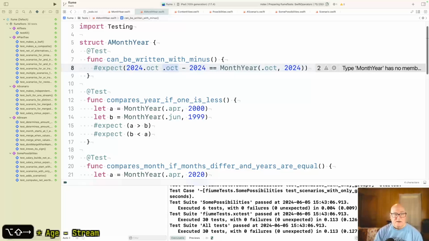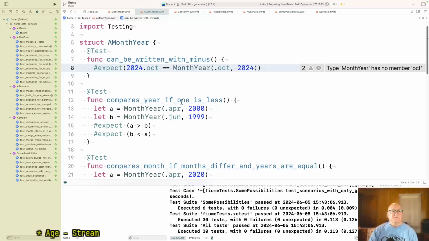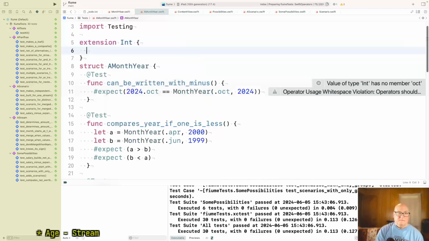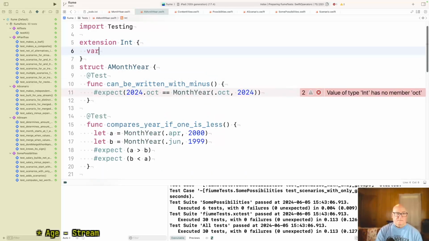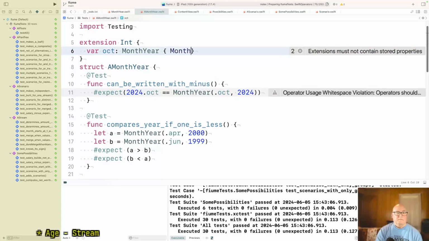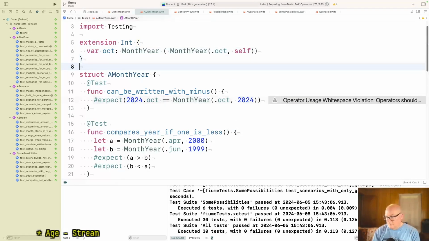Can we make that work? Yeah, what do you think about that? 2024.oct.